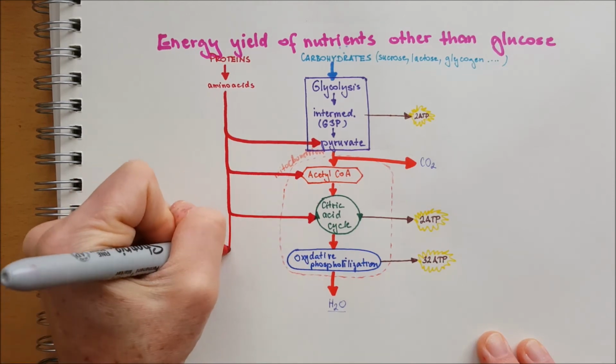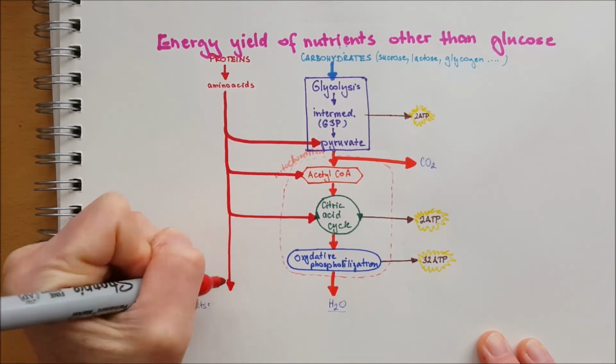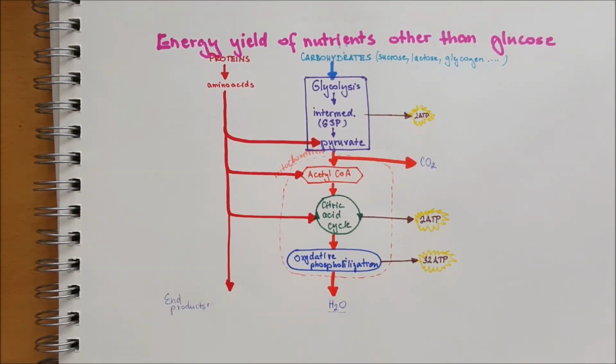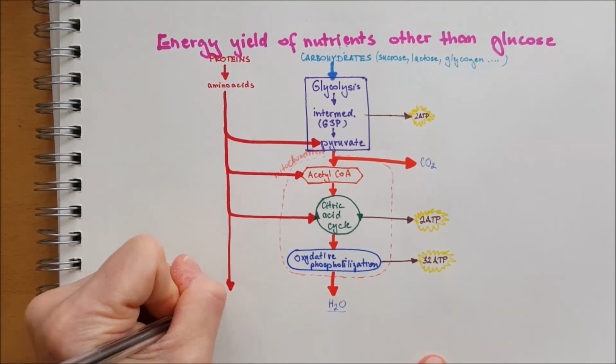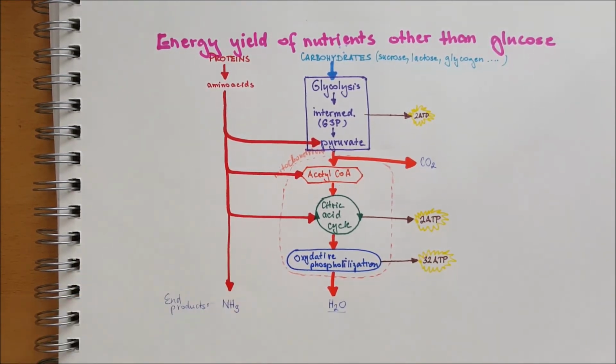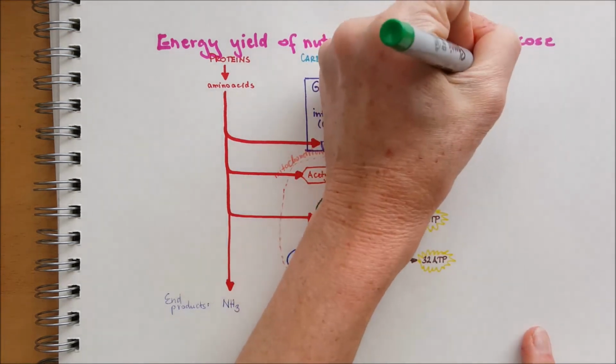They can form those molecules, the enzymes. Definitely the nitrogen content, what is not used, will leave the body through urea. So this is for the proteins.